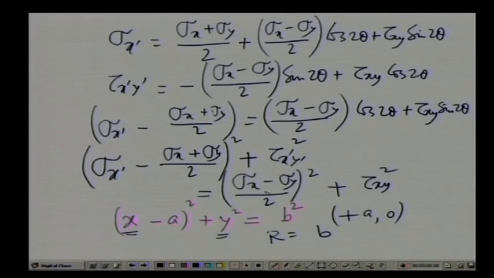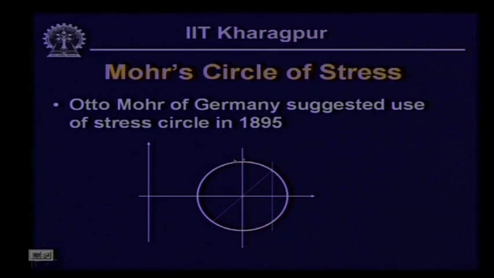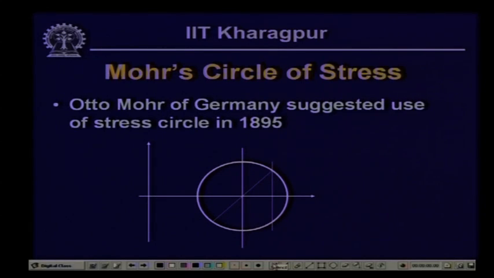So, if we draw a circle whose center is at (a, 0), where a is (sigma x plus sigma y)/2 on the sigma x dashed axis, which is representing x, with the radius b, which is the root of [(sigma x minus sigma y)/2] squared plus tau xy squared, then we get the circle, and that is what is represented here in terms of the Mohr circle.